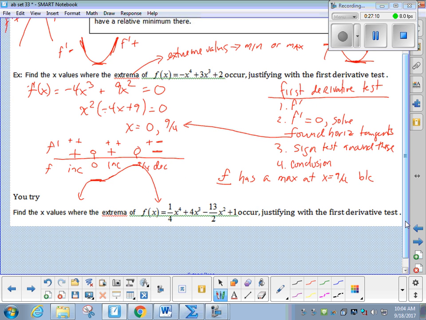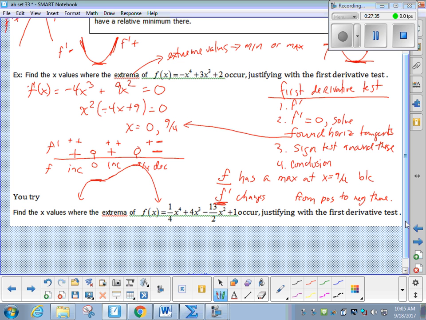Why does it? All right, because F prime changes sign, or you don't even need to say changes sign. You could just say changes from positive to negative. I'm just going to keep it clean. There.